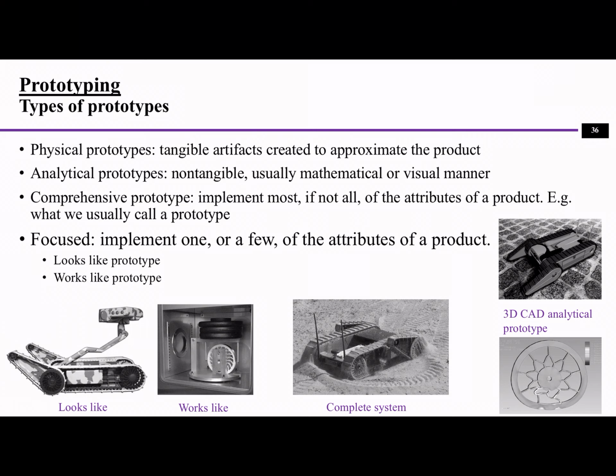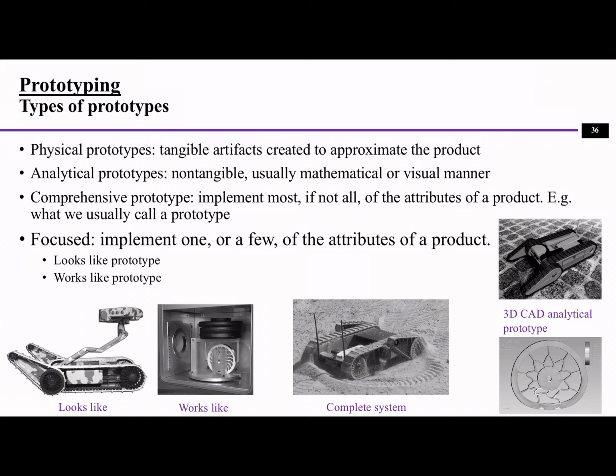This is basically the appearance, what the whole product looks like, and there's also the works-like, which only prototypes the function of a part of the product. For example, in this case, it's a wheel. It is only testing the wheel. So this is the works-like versus the looks-like.